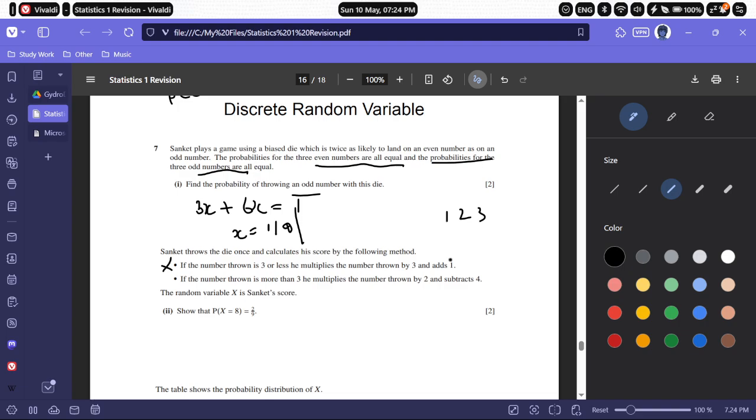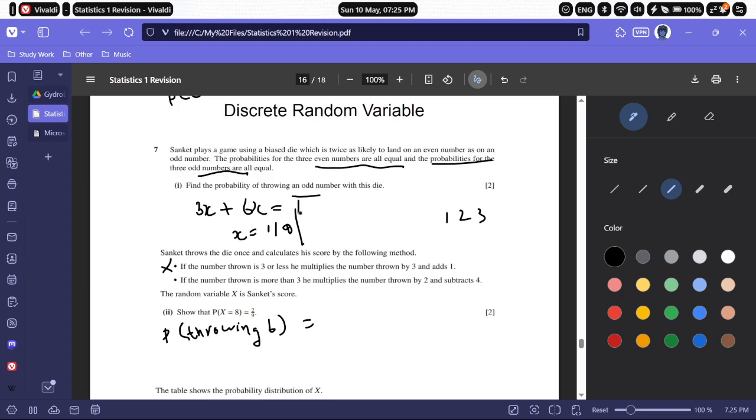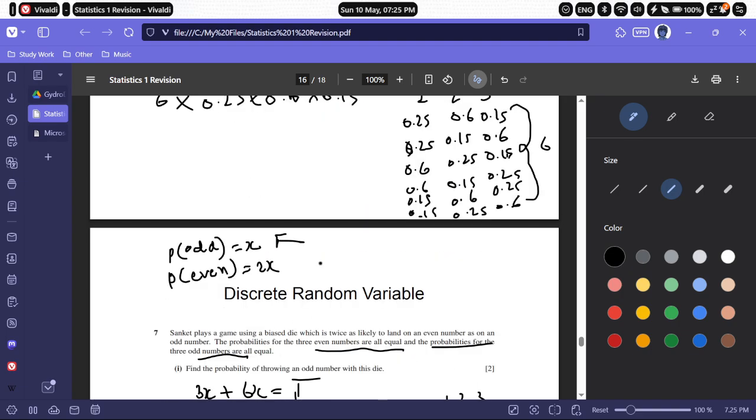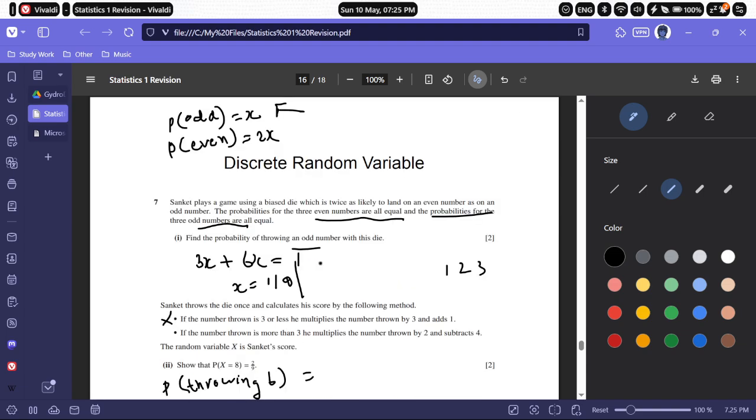So basically when the number thrown is 2, that's when he gets an 8. So probability of throwing 6, keeping in mind that the probability of throwing an even number would be 2x, right? That would give you 2 over 9.